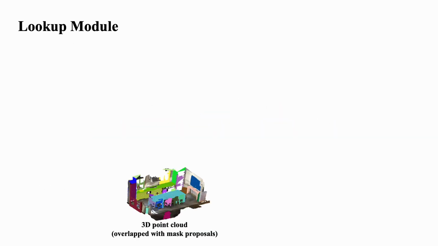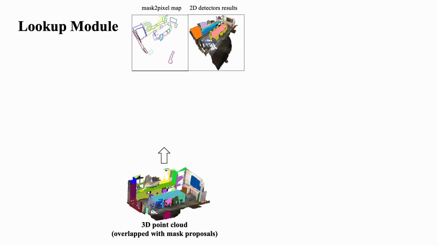We search through the class lookup table to assign category labels to mask proposals. The mask pixel map, which stores the mask locations, is used as guidance. The best match is determined by calculating the IoU values between the projected mask proposals and the detection results.